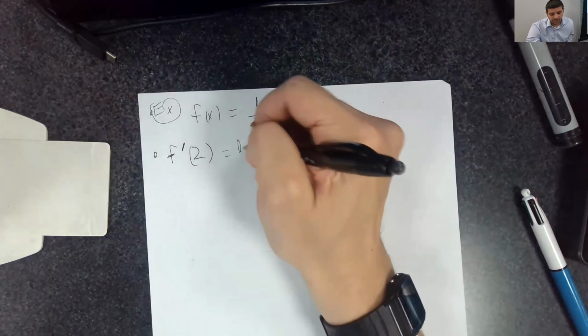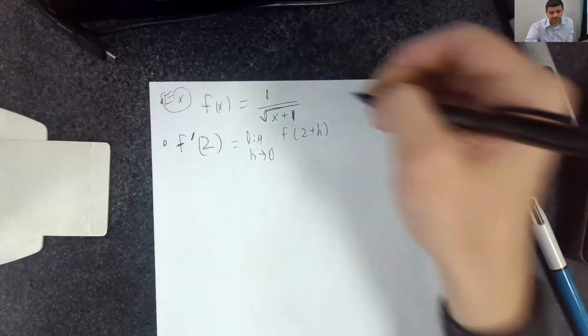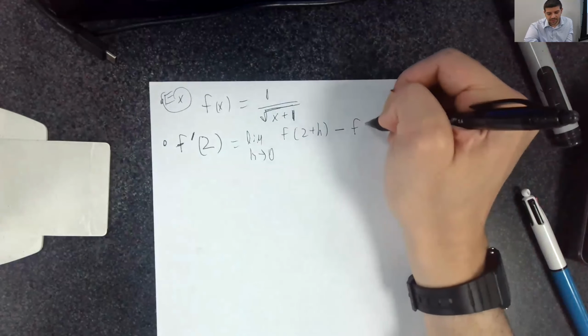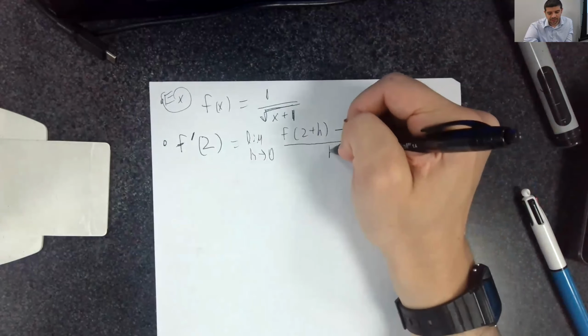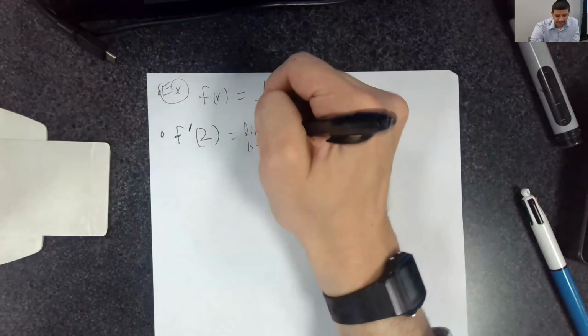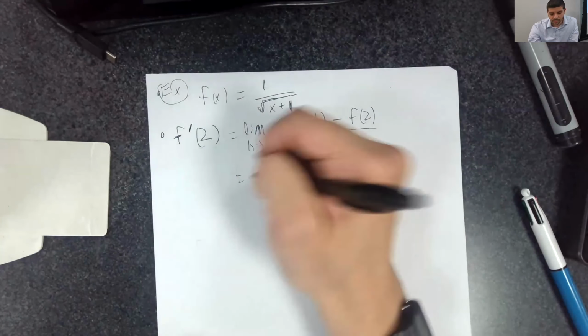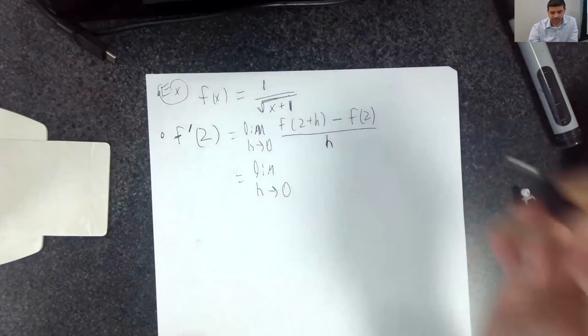Okay. We always start with the same formula. f of 2 plus h minus f of 2, divided by h, limit as h goes to 0.